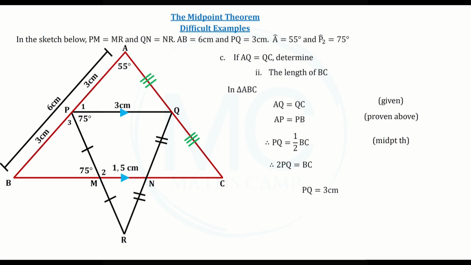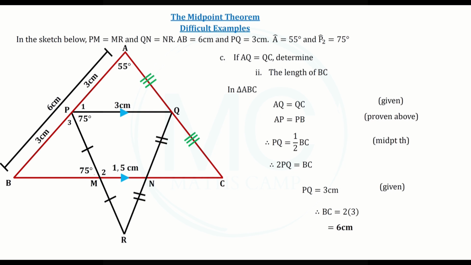We know this because this information has been given to us in the question. BC is equal to twice the length of PQ. And we know that PQ is 3 centimeters, which means that BC is equal to 2 multiplied by 3, which means the length of BC is 6 centimeters.